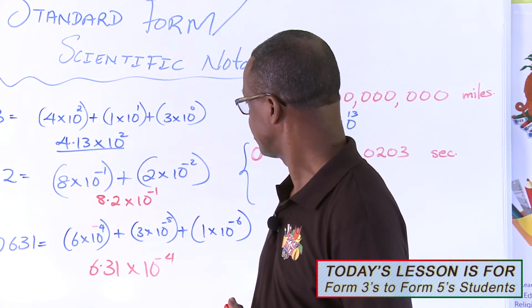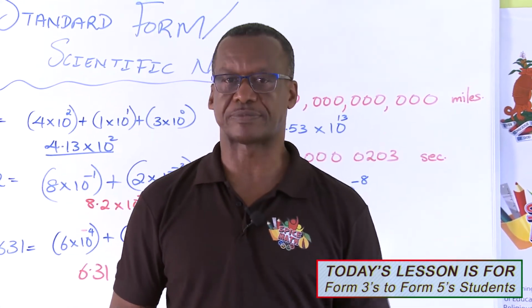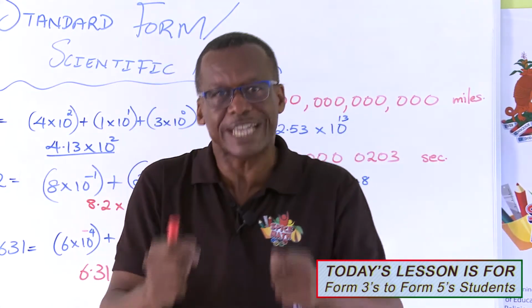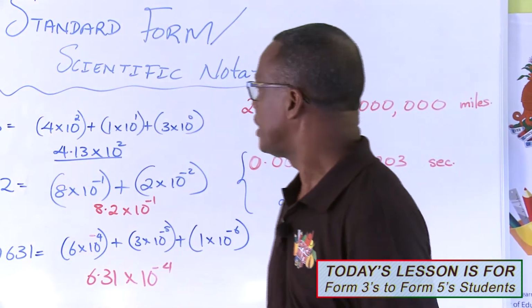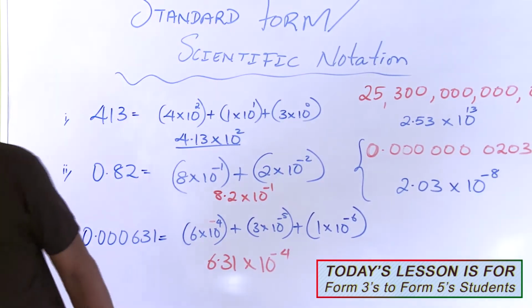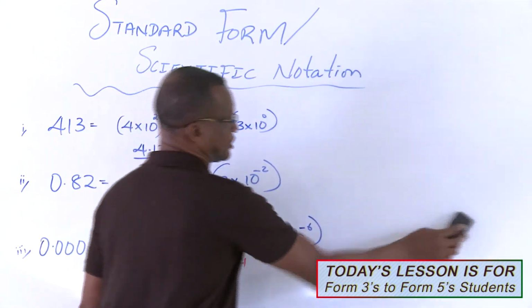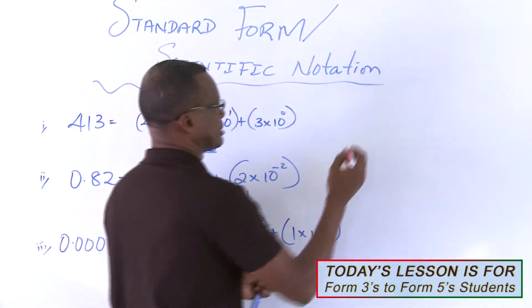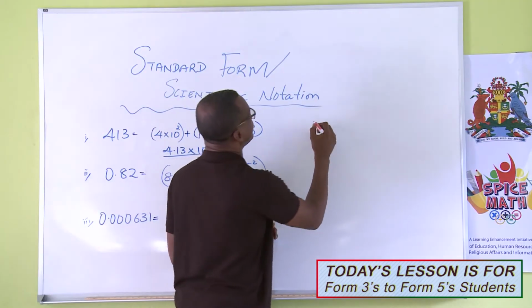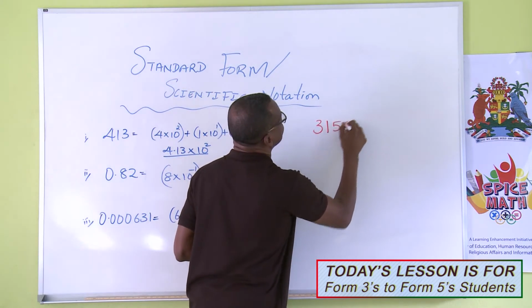So then, now that we have observed this pattern, we could create a number of steps for it. If I'm going to convert a number from its natural representation, for example, let's take another number, 3,150.